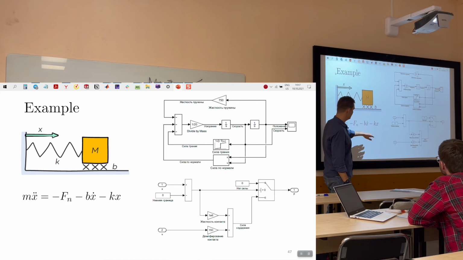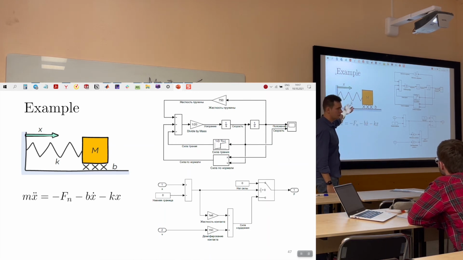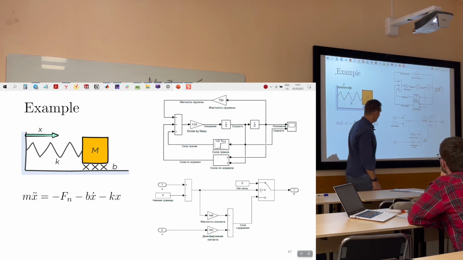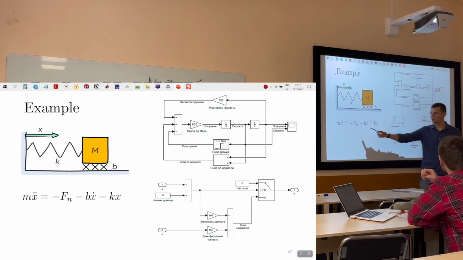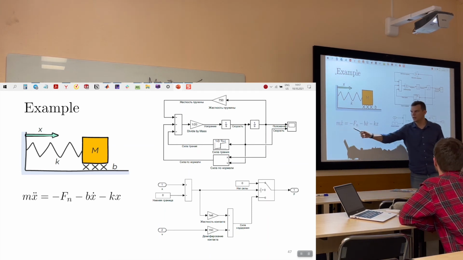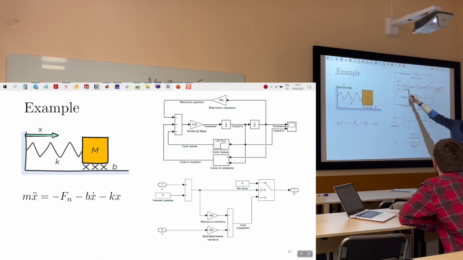We have friction here, and we have force because of the spring. So here you can see pretty much the same idea: let's assume that we know this component, ma, we divide by mass, we get acceleration, we integrate it, once again we get velocity, we integrate it once again to get position.